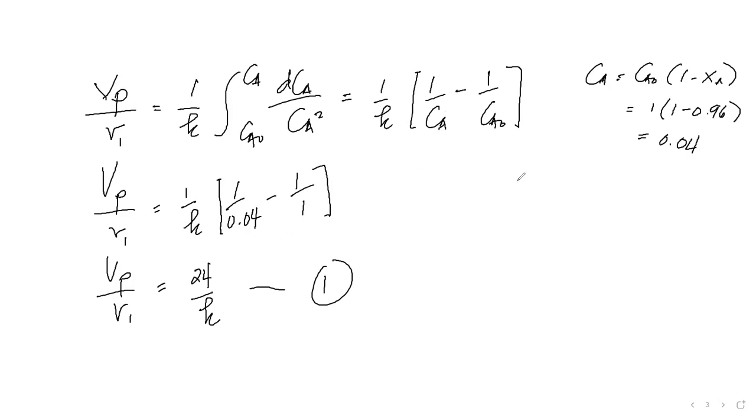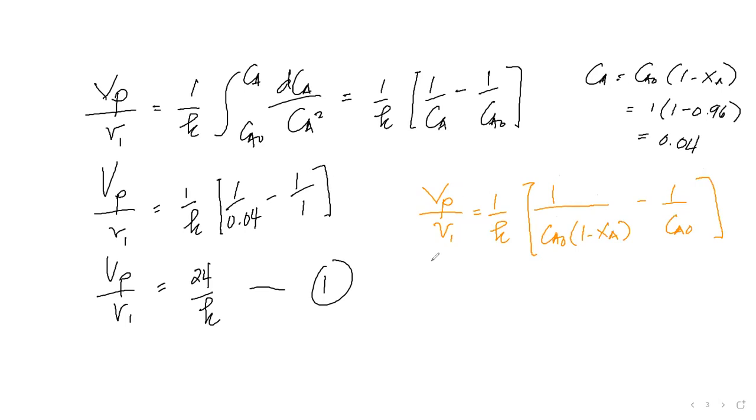So I'll write here a different color. You have VP over V1 is equal to 1 over K. Then I will represent the CA in terms of CAO 1 minus XA. And I will have 1 over CAO here.